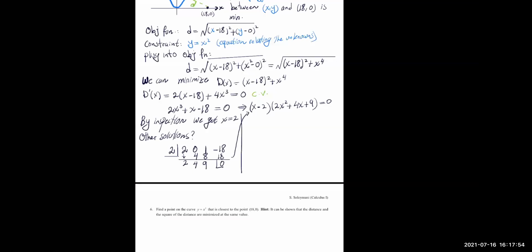Sorry, it's getting a bit crowded here. It's 4 or 6? Where, here? Yes. Bring the 2 down. 2 times 2, 4. 0 plus 4 is 4. Why would I get 6?